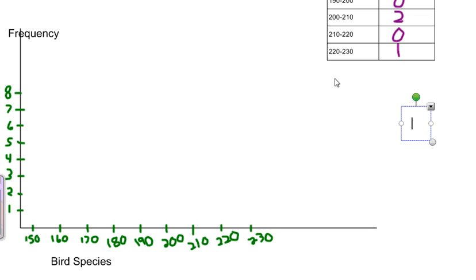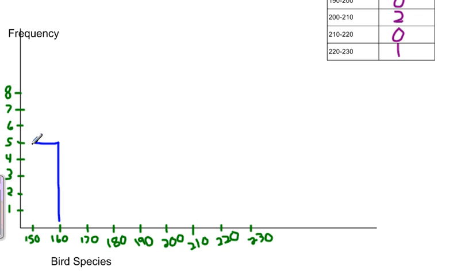So now I'm going to make my bars. Bear with me because I'm doing this on the computer, so it might not look great. From 150 to 160, we had 5 data values, so I'd go to 5.